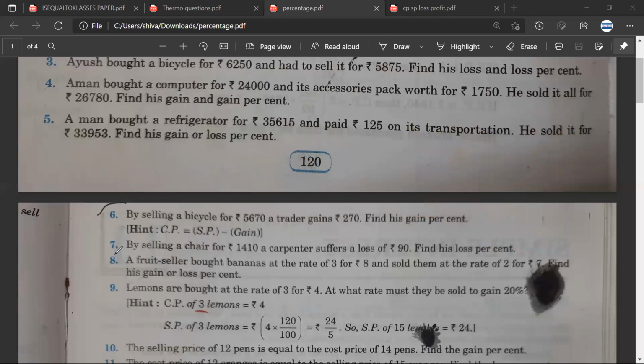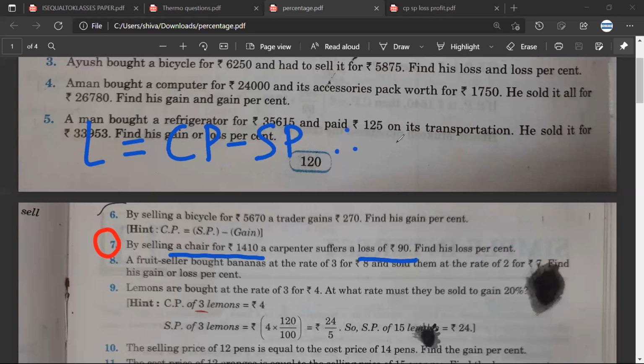Okay. Aryaman, how should I do question number 7? So the chair was for 1,500 because he sold the chair for 1,410 and the loss was 90 rupees. So we'll have to add the sale price and the loss to get the cost price.